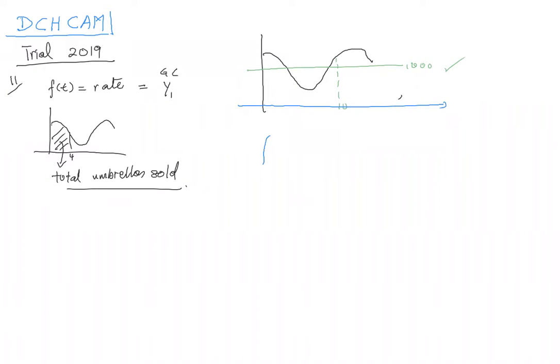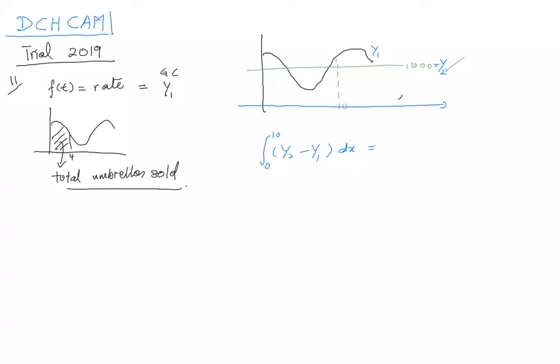You integrate 0 to 10. You take this as your y1, y2. This is your y1. So you take y2 minus y1, then dx. Then you decide. If y2 minus y1 is positive, that means the total number produced is more than the total number sold. So therefore, the number of umbrella in the store will increase. Okay, so that one you can look at the answer.